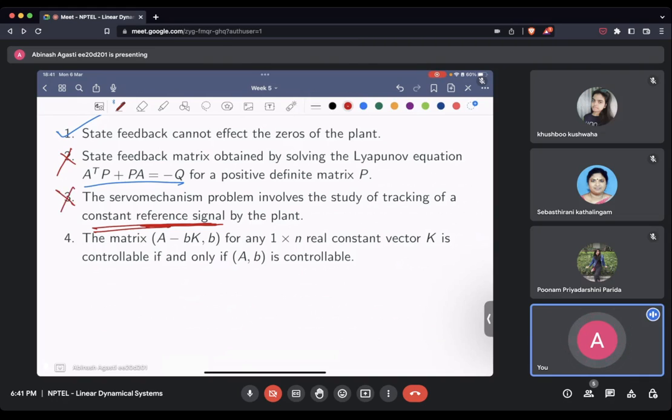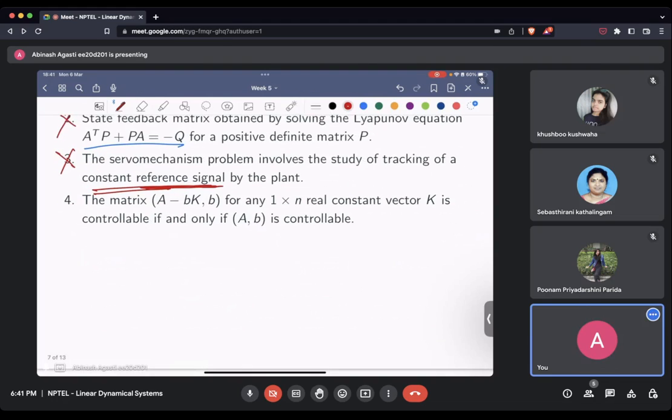Okay. Then the matrix A minus BK, comma B for any 1 cross n real constant vector K is controllable if and only if A comma B is controllable. So this is also another true result. So I'll give an intuitive explanation for this. If you have x dot equal to Ax plus Bu, and what I do is I put in u equal to minus Kx plus some v.